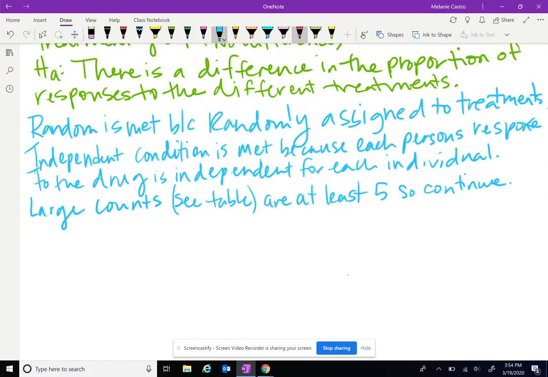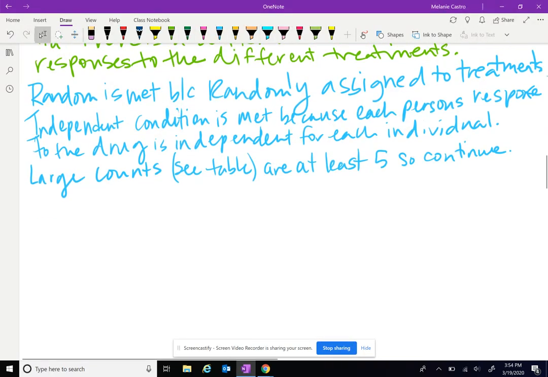We're going to do our chi-squared test. And again, this should be our homogeneity of proportions or HOP test. They didn't state an alpha level, so I'm going to go with 5%.